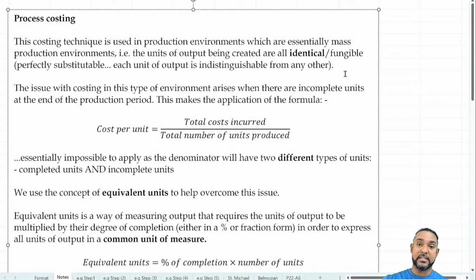And at the heart of it all, remember, we still only have three components of cost: direct materials, direct labor, and overheads. And as we know, direct material and direct labor tend to be easy to trace and attach to units of output cost-wise. They're called direct because those things are easily and directly traceable to units of output.